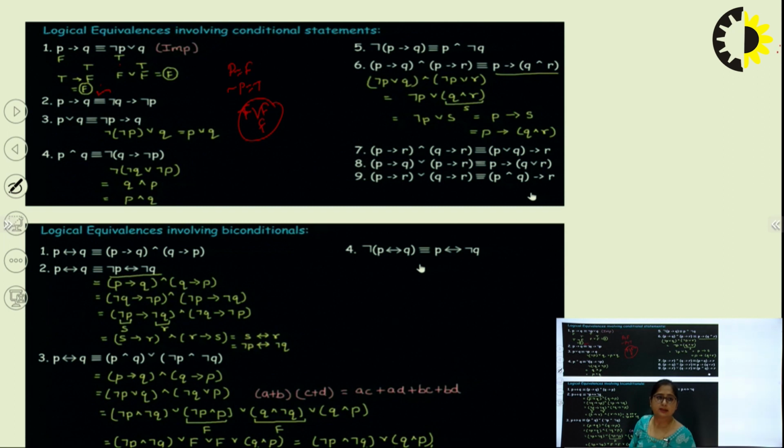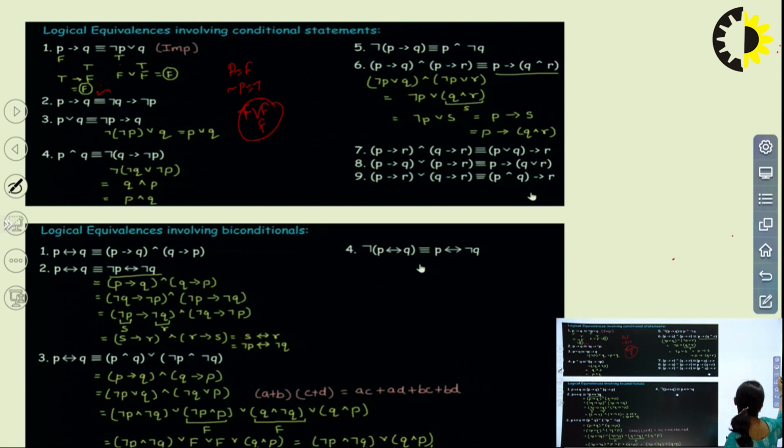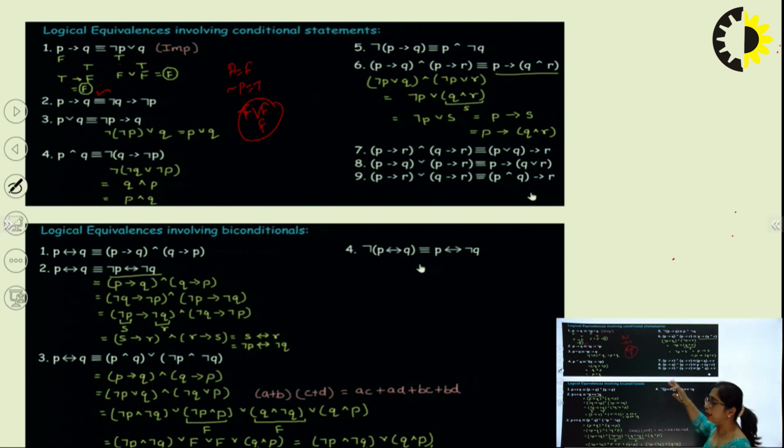So you can consider any value. Based on that you can take P is true or Q is true, or P is false. P and Q are two variables, so four conditions are there. Based on those four conditions you initially take any value.